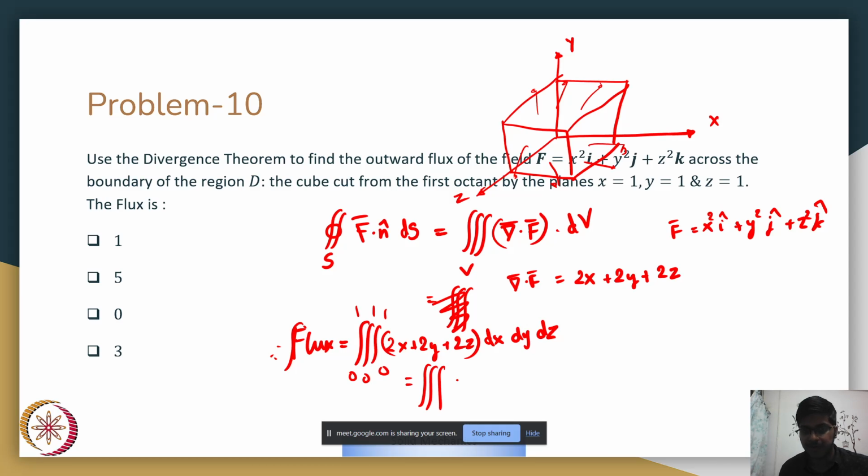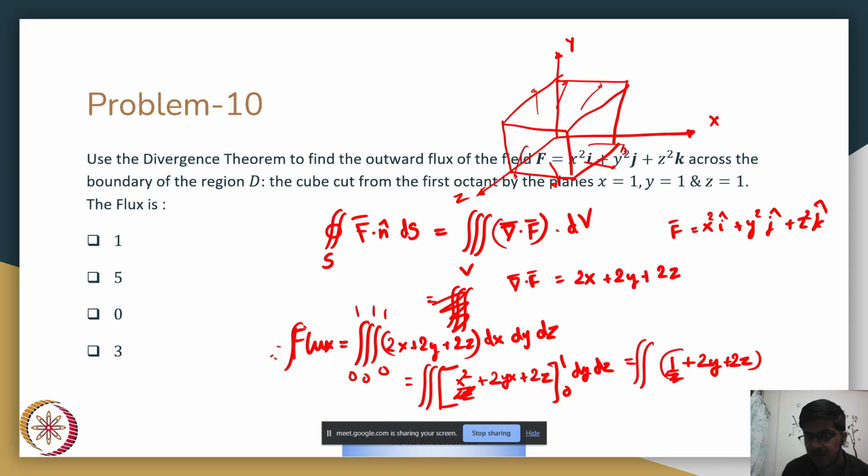My first integration would give me x squared plus 2yx plus 2zx, bounded by x equal to 0 and 1, dy dz, which if I substitute x equal to 0 and x equal to 1 is nothing but 1 plus 2y plus 2z minus 0, dy dz.